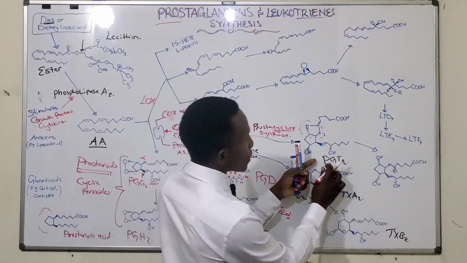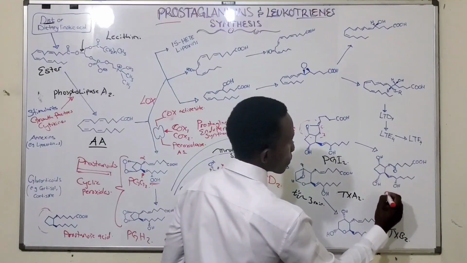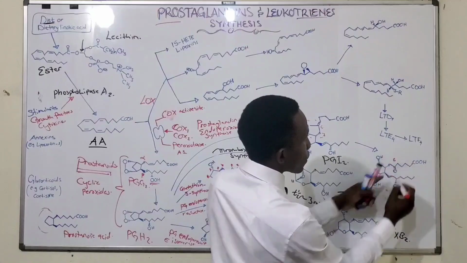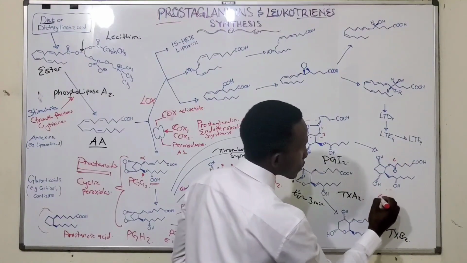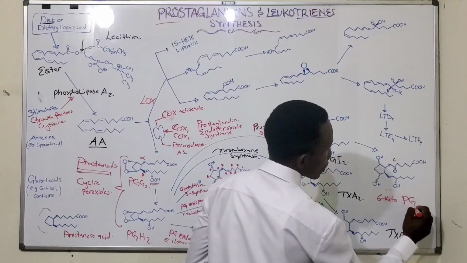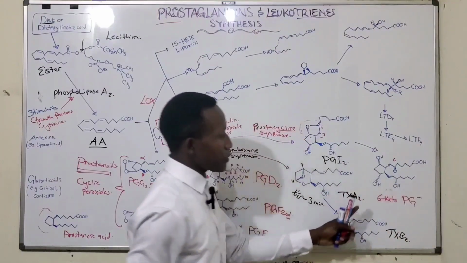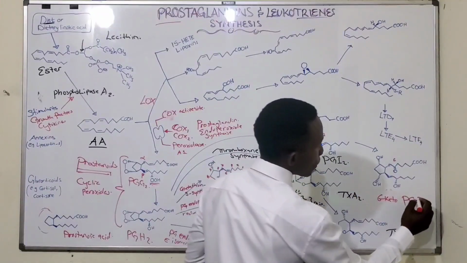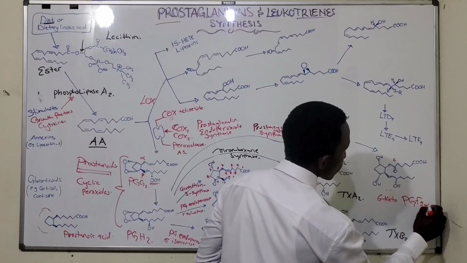Then this prostacyclin, or prostaglandin I2, has a ketone at position 6. So this one will be called the 6-keto prostaglandin F1 alpha.